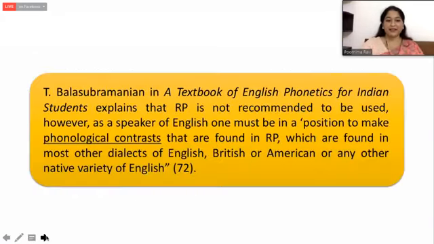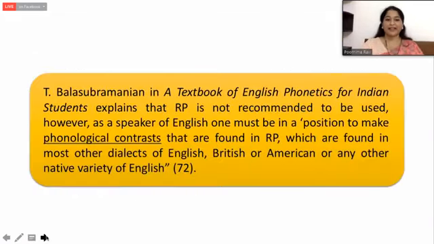Now, let's look at another established stalwart in linguistics, T. Balasubramaniam, in his book called A Textbook of English Phonetics for Indian Students. He clarifies that both these systems, that is Indian English and the received pronunciation system, coexist.